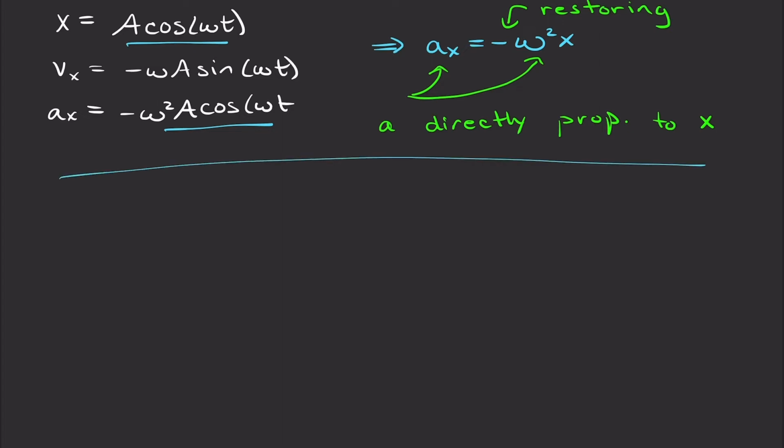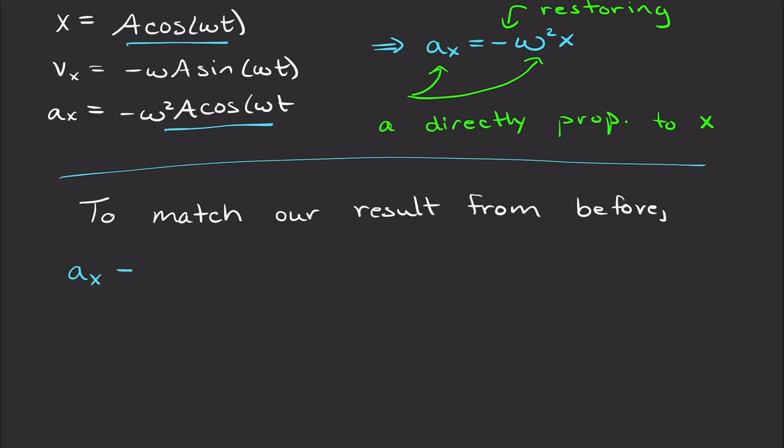So now we can take this result that we got from uniform circular motion, and match it with our result from before that we got from using Hooke's law and our glider. Before, we got the acceleration equal to minus k over m times x.